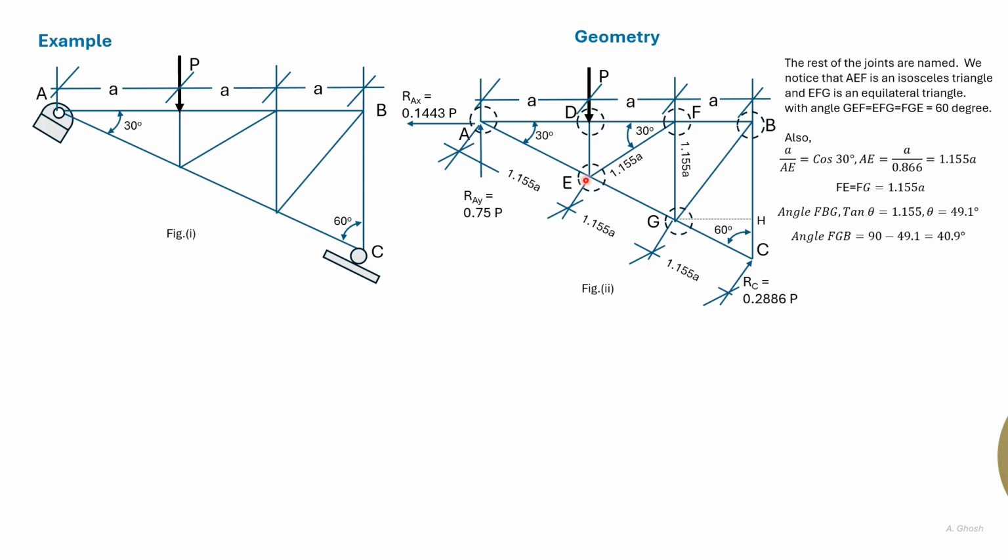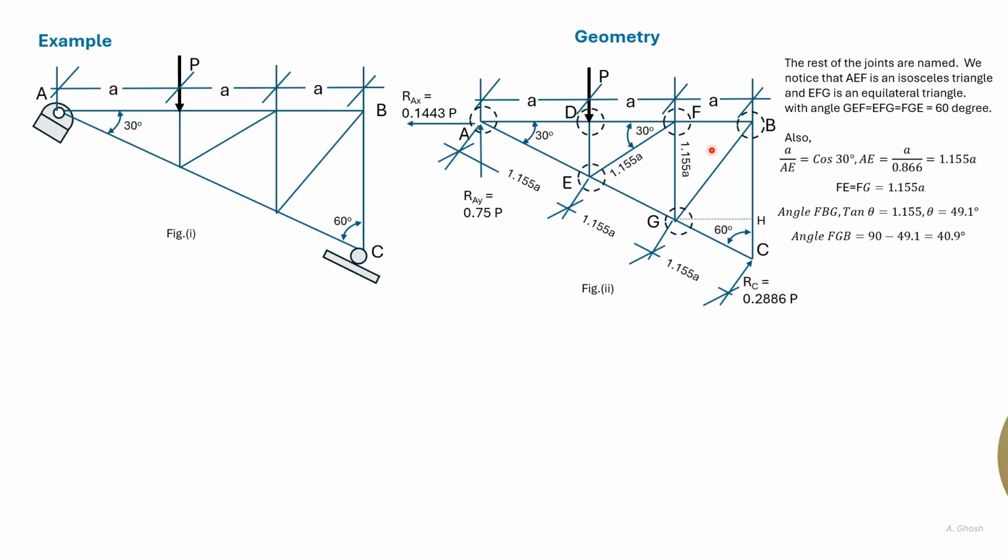So EFG is 60 degrees. That means the angle at G is also 60 degrees, which means that EFG is an equilateral triangle, and EG is 1.155A and FG is 1.155A.